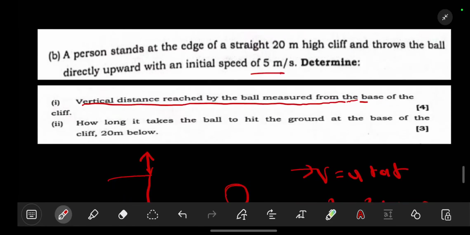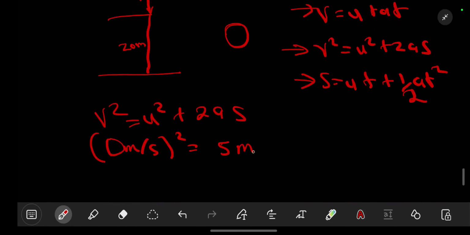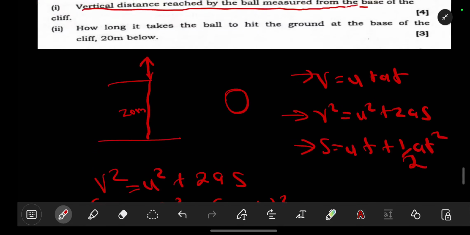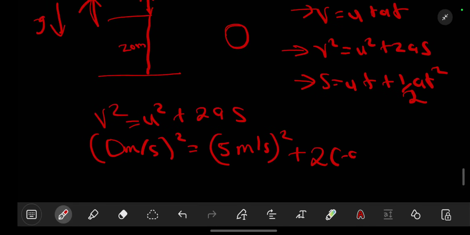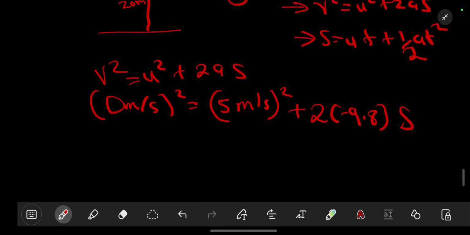We have been told that it's 5 meters per second. We square this, plus we have our 2. Now immediately it was thrown up, gravity was acting downwards, so we are going to have a negative gravity. So negative 9.8 times S, which is our height. We are just going to say S like that.